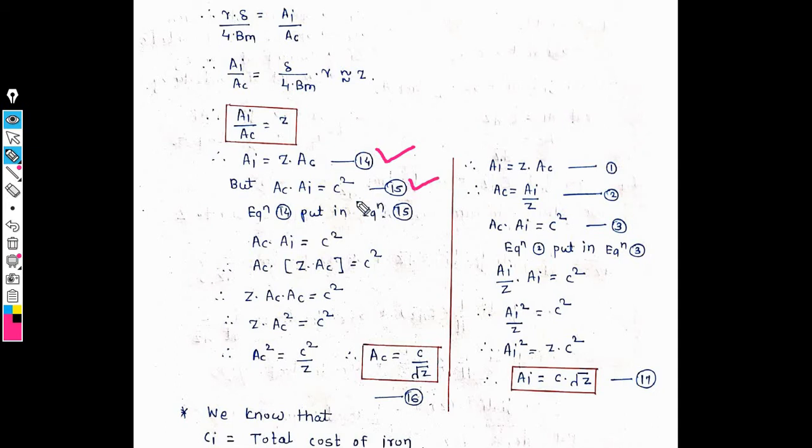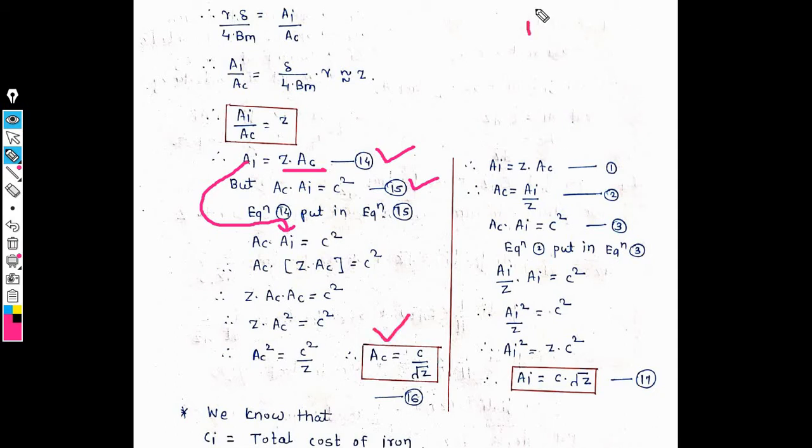Then AC into AI is equal to C square, but the value of AI is known, so we put it in this equation. Then AC into Z into AC is equal to C square. Then Z into AC square is equal to C square. Then AC square is equal to C square upon Z. This finds the value of AC.